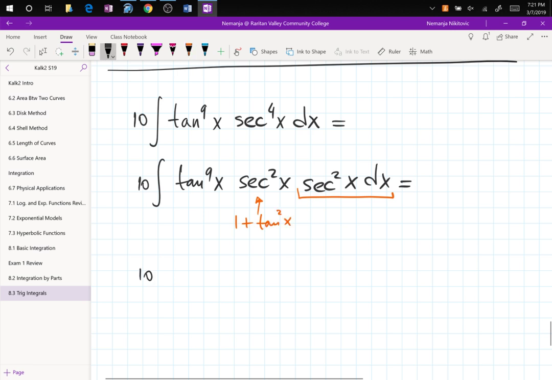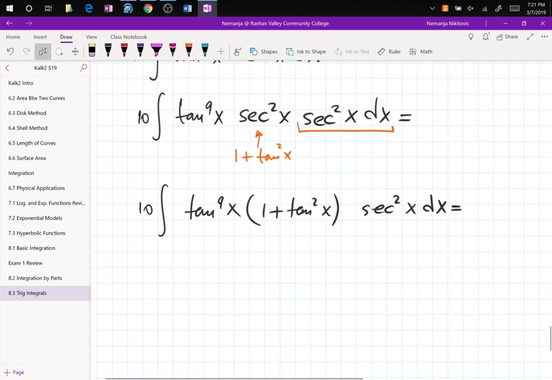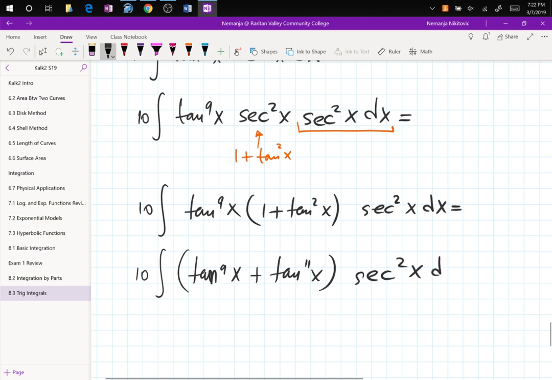So we have 10 integral tangent to the 9x times 1 plus tangent squared x times secant squared x dx. Cool. And then we multiply, just basic algebra now. That's tangent to the 9x plus tangent to the 11x, times secant squared x dx, which is the bank.